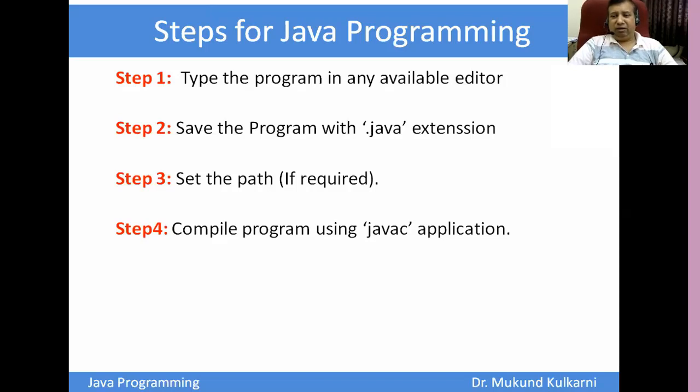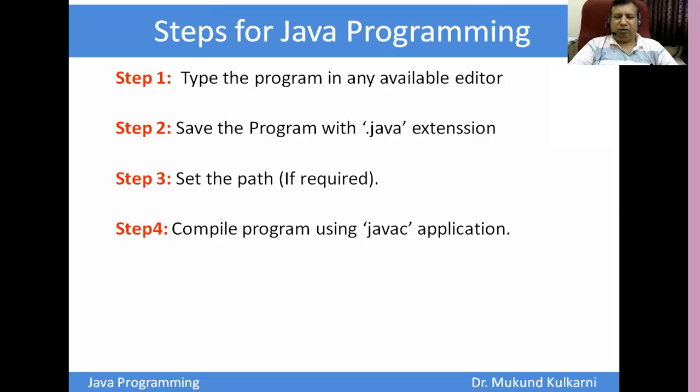If there are any syntactical errors in your program, then it will display the list of errors. You have to rectify each error so that there is no error, and then your program will get compiled successfully. After successful compilation of the program, you will get a new file with .class extension.